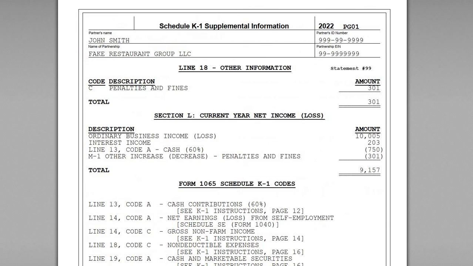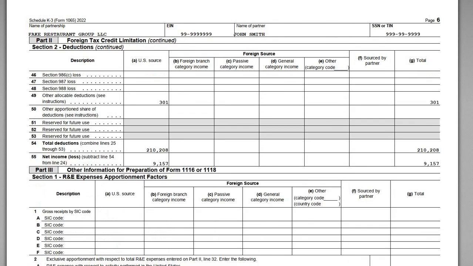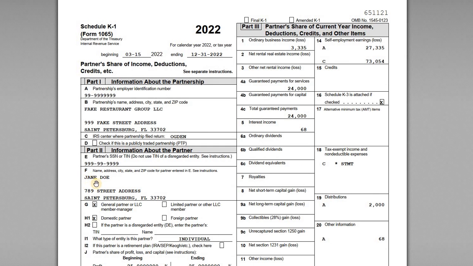So if I scroll through really quickly here, let me find Jane's K-1. Here we have Jane's K-1, again an allocation of all the items, but you can see here the guaranteed payments for services, she's getting the full $24K, right? And that's fine, because she did, in fact, receive $24,000 in compensation during the year as guaranteed payments. John did not. All right, so that's fine.